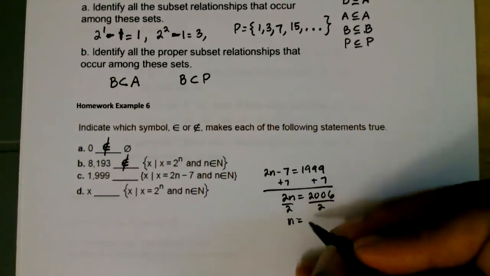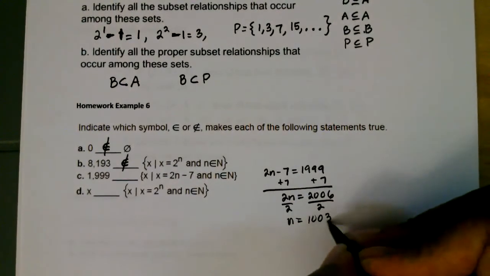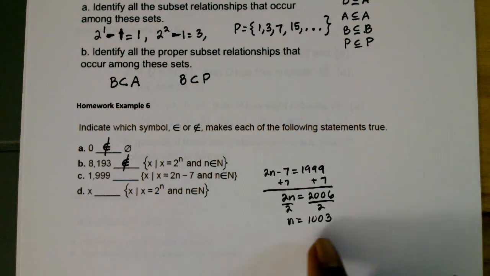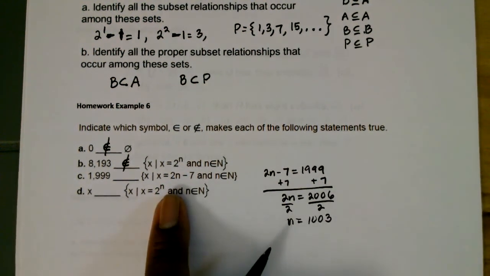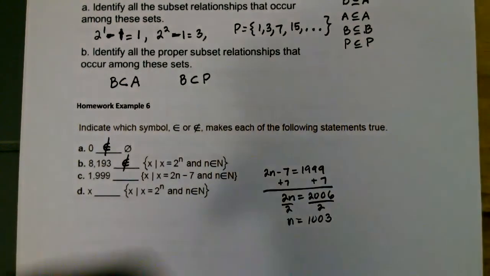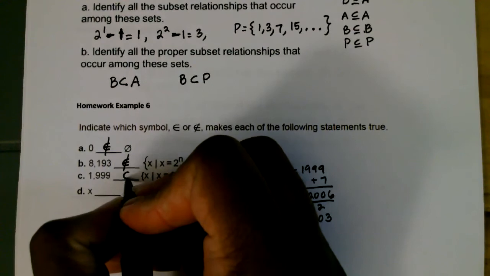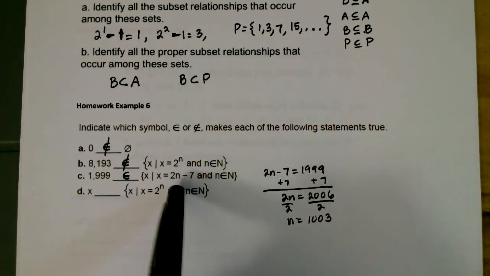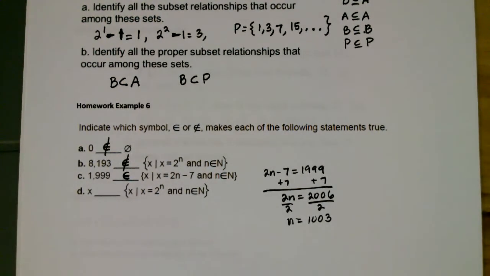That means n is equal to 1,003. So for n being 1,003, this will be 2,006 minus 7, which would give me 1,999. So 1,999 would be an element of this set.